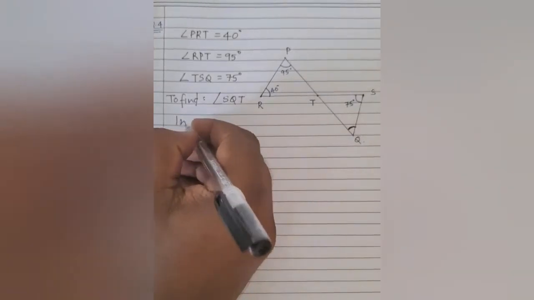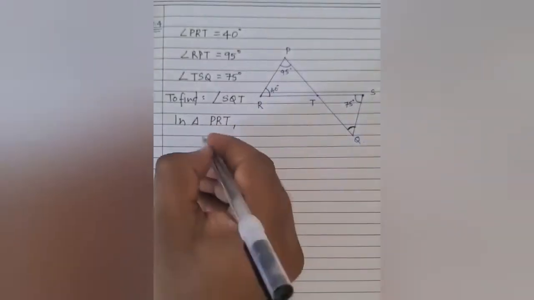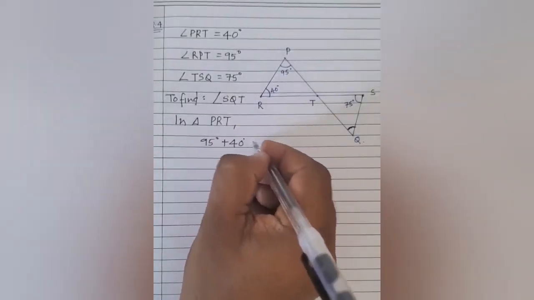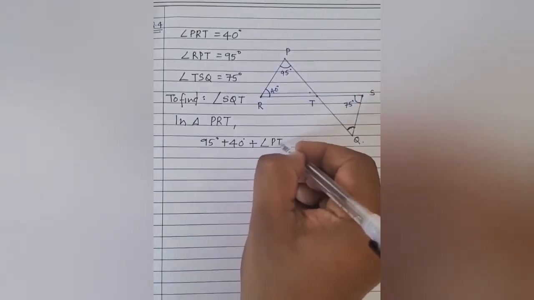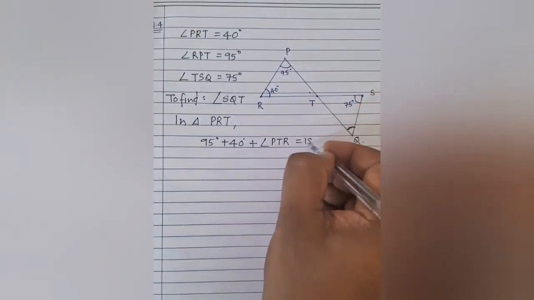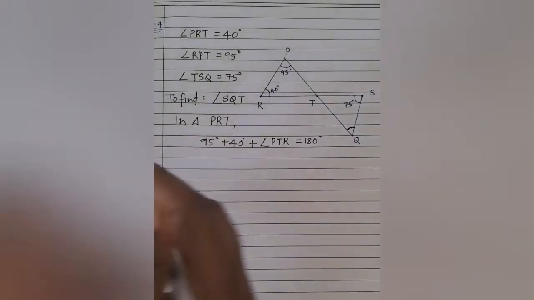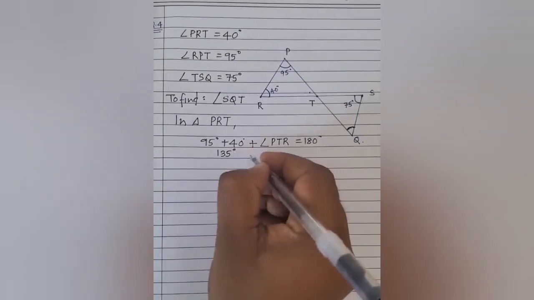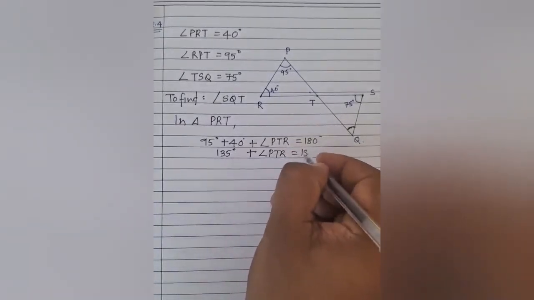In triangle PRT, 95 degrees plus 40 degrees plus this angle, that is angle PTR, should be equal to 180. So 95 plus 40 happens to be 135. So 135 degrees plus angle PTR is equal to 180.